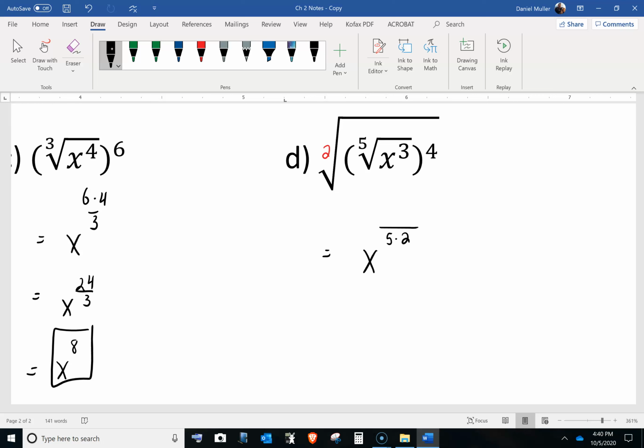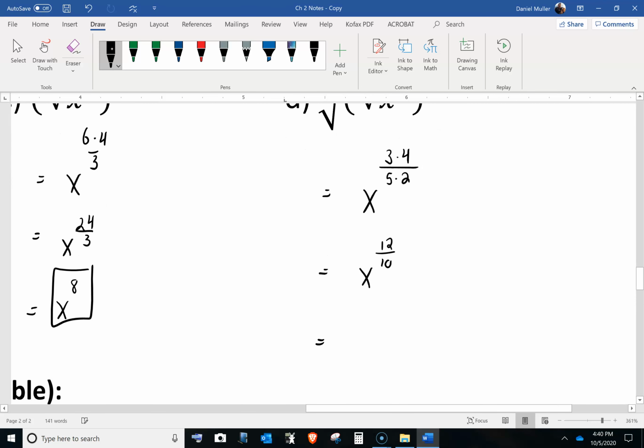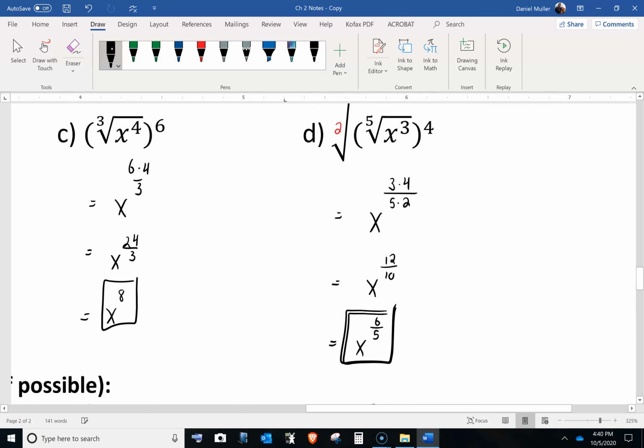And then your numerators are right here. That's going to be 3 times a 4. So really what you have is 12 over 10. And that can be reduced. Those can both be divided by 2. So 6 over 5. It can't be reduced anymore, but that's it.